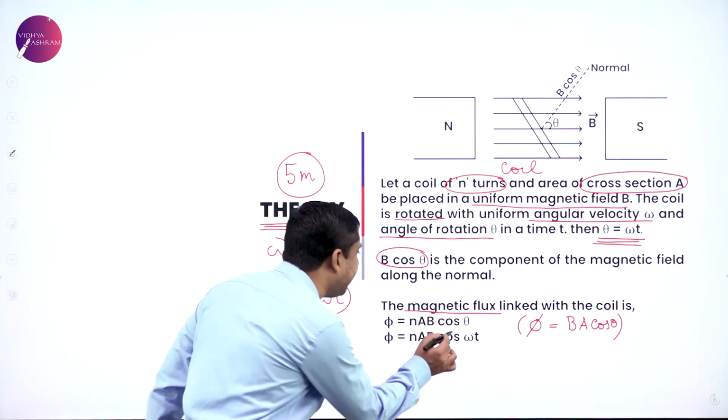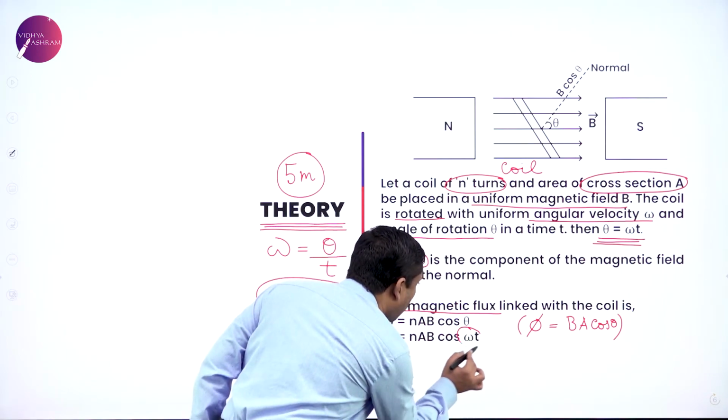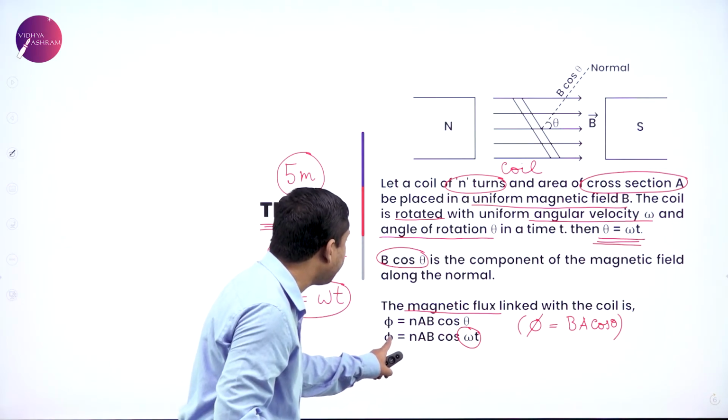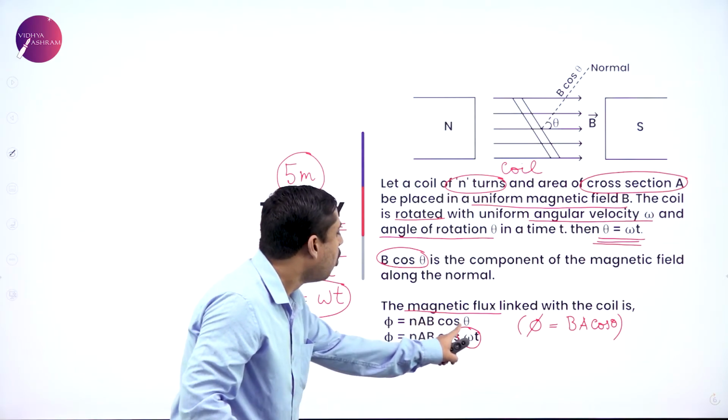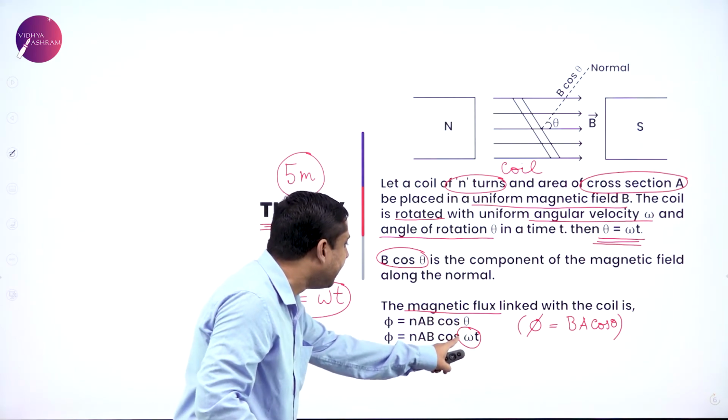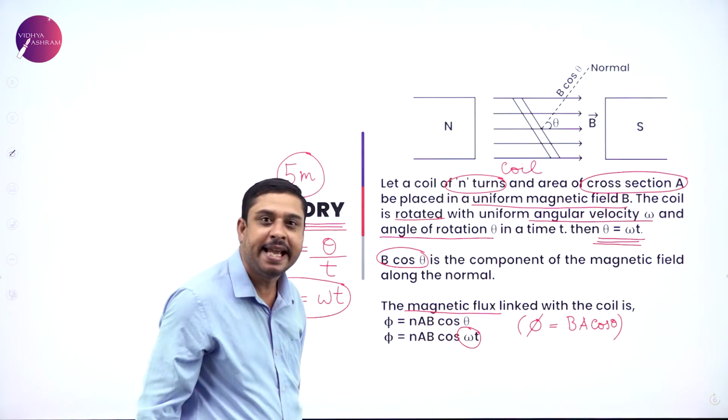Now substitute for this theta. What is theta? Omega t. So phi equals n A B cos omega t. Theta is omega t.